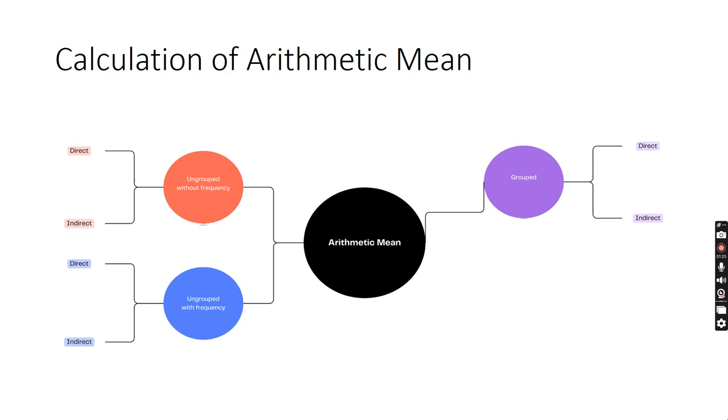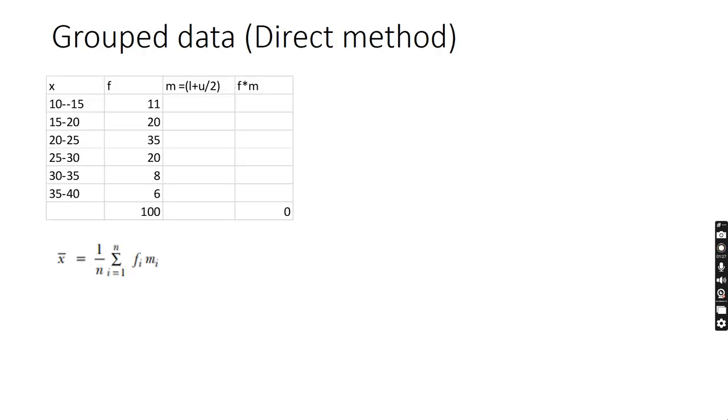Now to understand what's group data, let me give you an example. Here's a table where we have some observations X in a class interval 10 to 15, 15 to 20. If you notice, 10 is the lower limit and 15 is the upper limit.